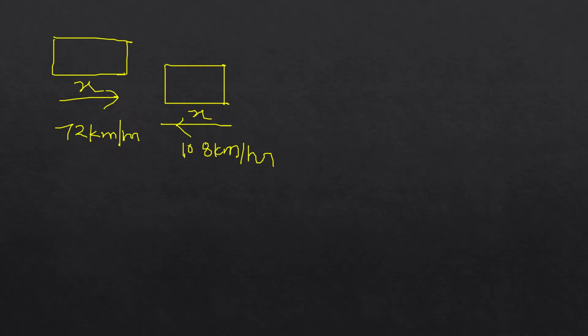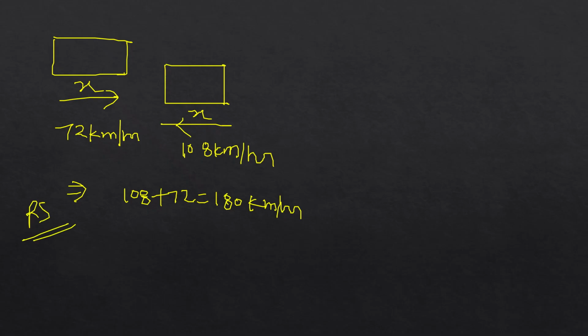So in case of relative speed, it will become 108 plus 72, 180 km per hour. Why? Because in the relative speed concept, when trains are coming in opposite direction, we have to add the velocities or speeds.